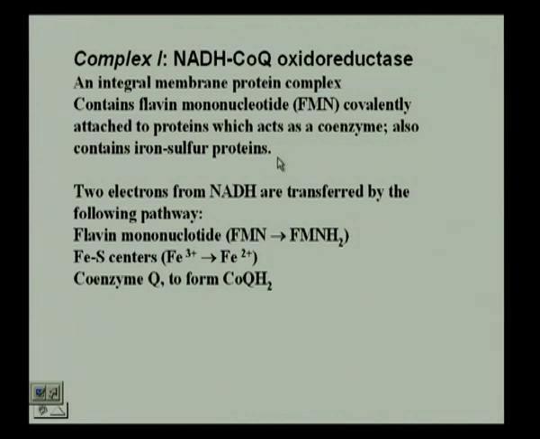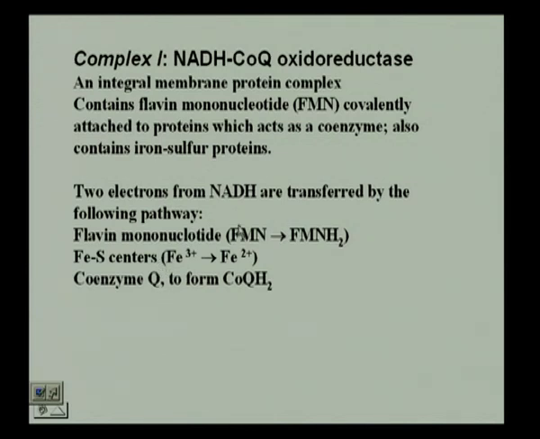It has the NADH dehydrogenase or CoQ oxidoreductase, and apart from that it has FMN and FES clusters. That is what comprises complex 1. Now, what happens in complex 1? There are 2 electrons from NADH that are transferred through flavine mononucleotide, the iron centers and coenzyme Q.